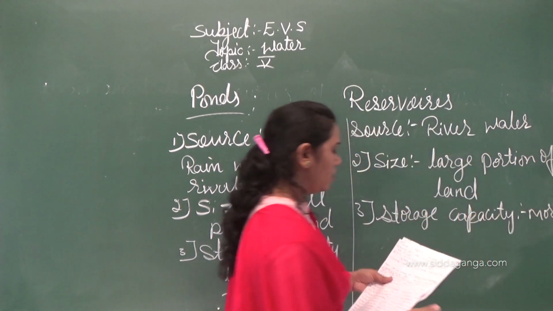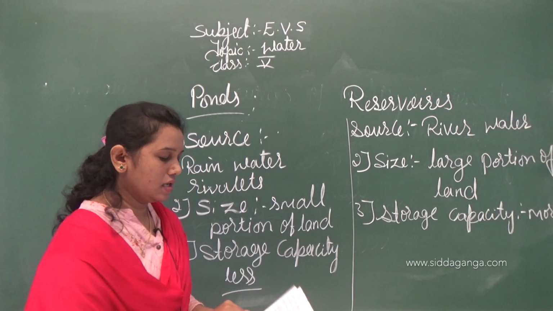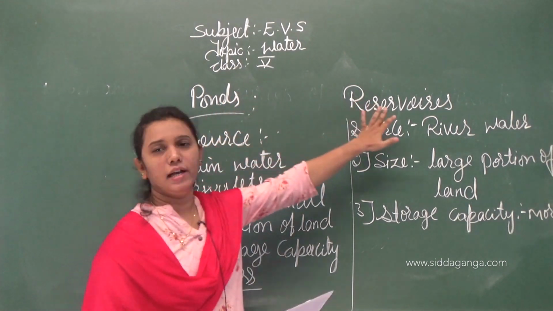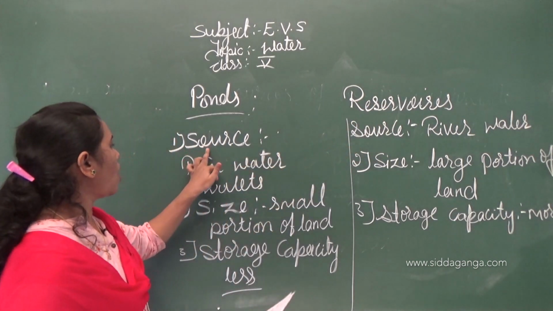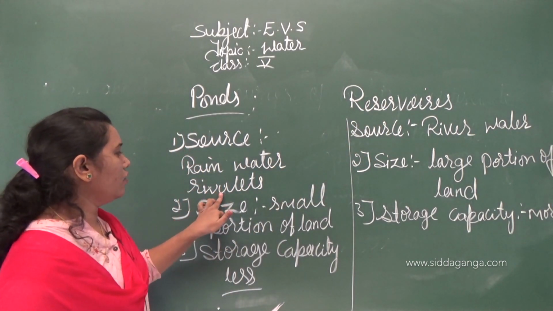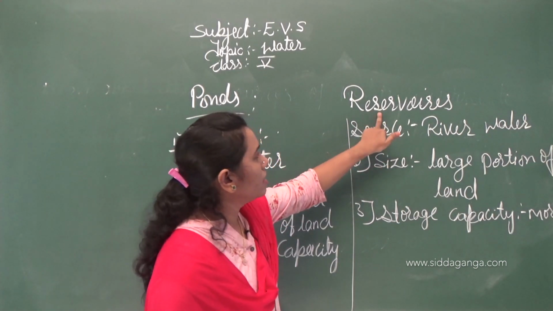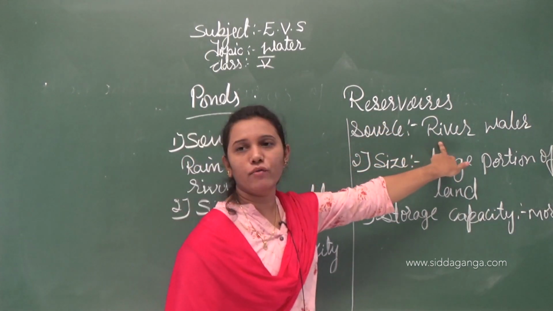Okay, see here once again. Now we study the difference between ponds and reservoirs. Here we see source: rainwater, rivulets, small streams. Here we see the source of reservoirs: river water.